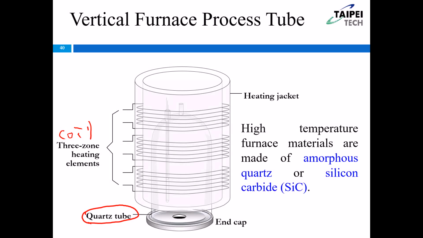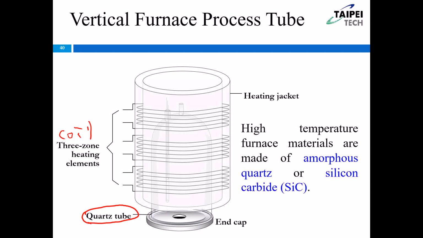So it means the whole quartz tube has the same temperature, right? Today I use the coil to heat the quartz tube. So it means the whole quartz tube has the same temperature, like the processing temperature 1000 degrees Celsius, right? So it means the whole chamber, the whole quartz tube, has the same temperature.